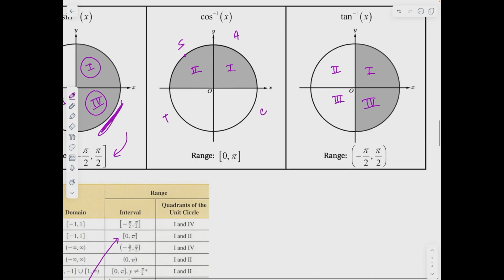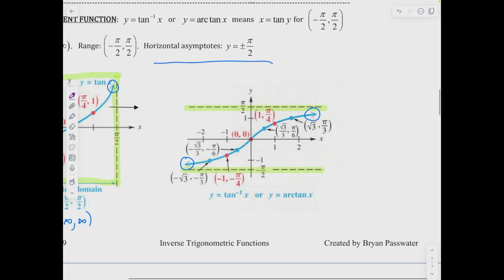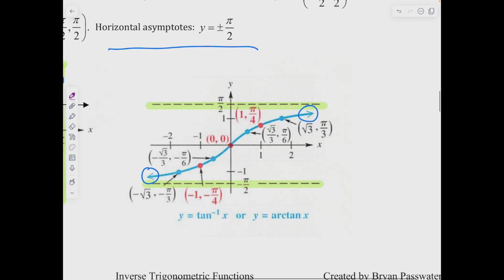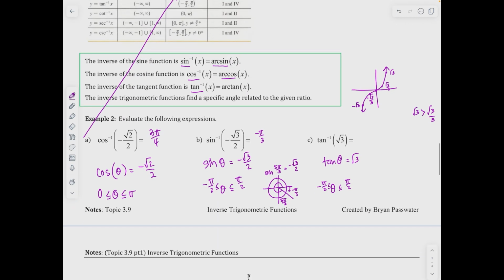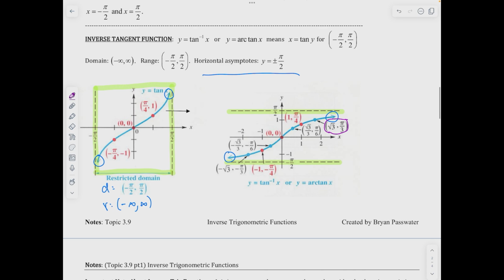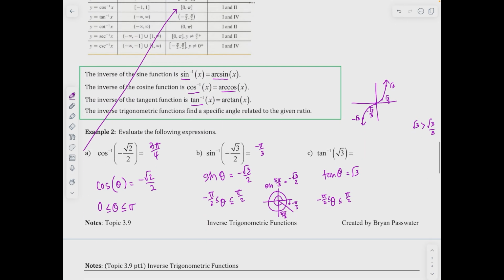Again, if you are referencing your graph, I want to know tangent of what angle gives me the square root of 3. That would put me right over here. Looking back to where I am, that would be pi over 3. So my answer is pi over 3.